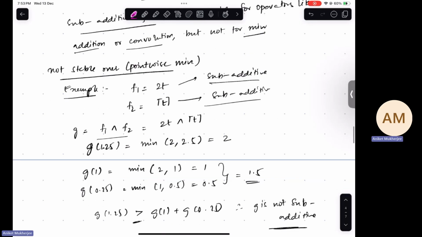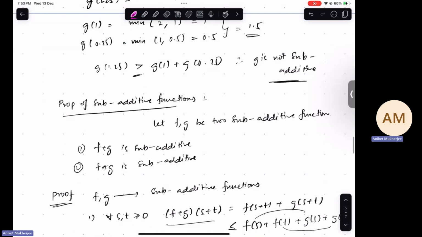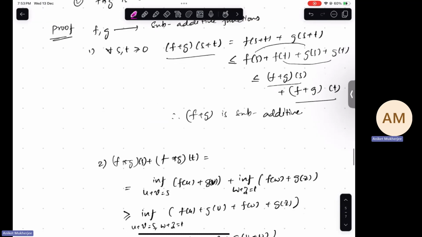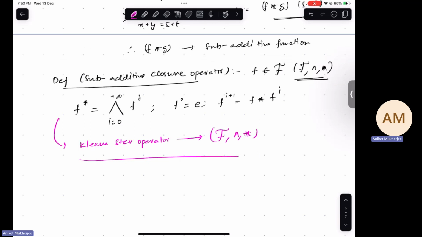We saw some properties of subadditive functions. It is stable in plus and convolution, but not stable in pointwise minimum. We showed why it is stable in addition and convolution. Next, we defined the subadditive closure operator. The subadditive closure operator is basically Kleene star operator in the dioid of min plus functions, with the first operator as min and second operator as convolution.